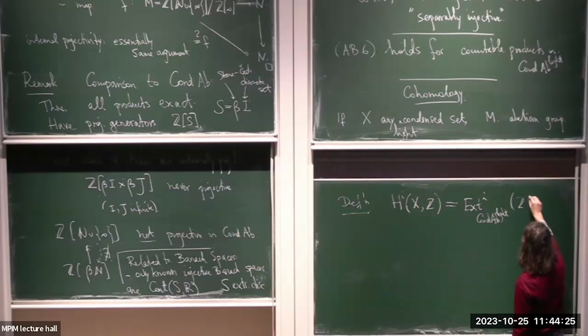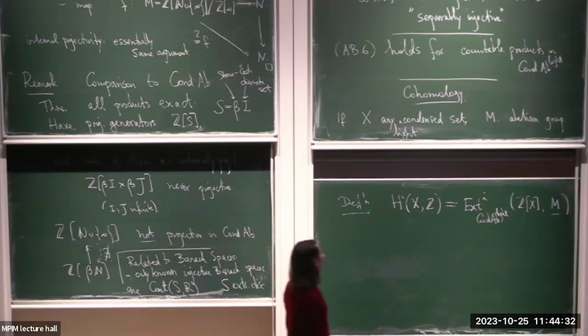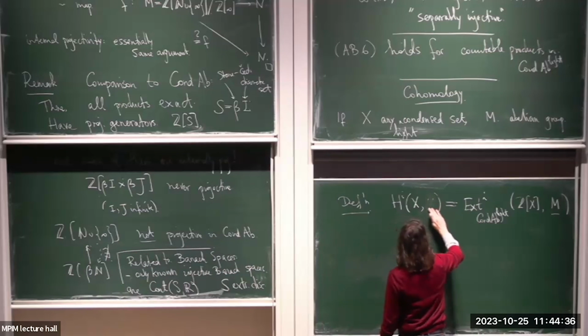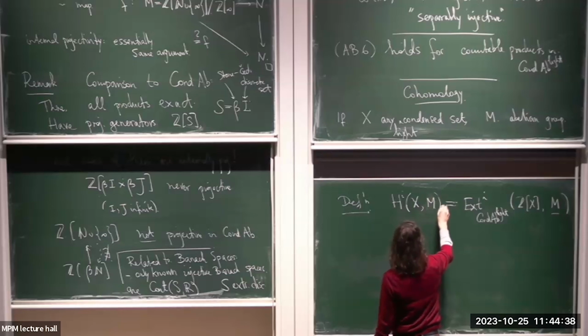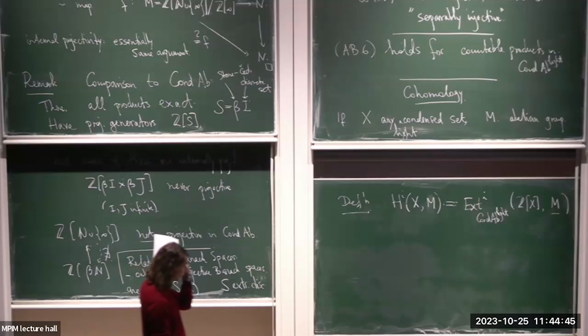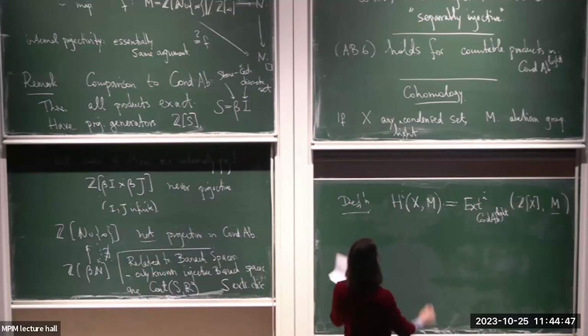Ext of the free guy on X against M. Sorry, this was coefficients.